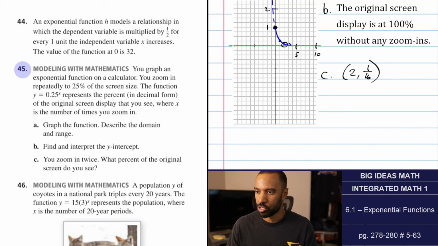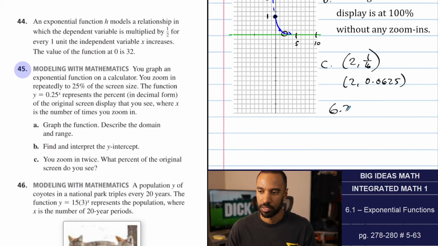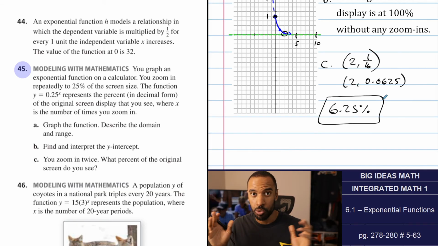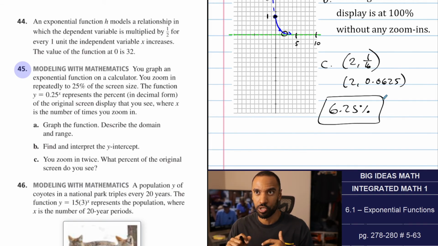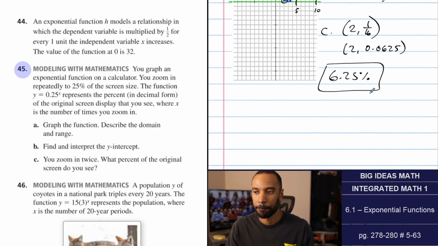It is. 0.0625 means 6.25%. We've done a lot of percentages in the past, but that's the percent of the original screen that we see. Now that is a zoom in, so we only see that percentage of what we saw to begin with.